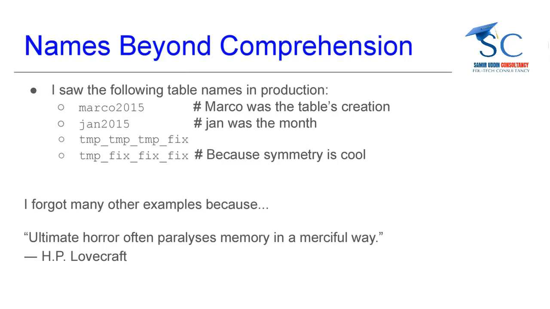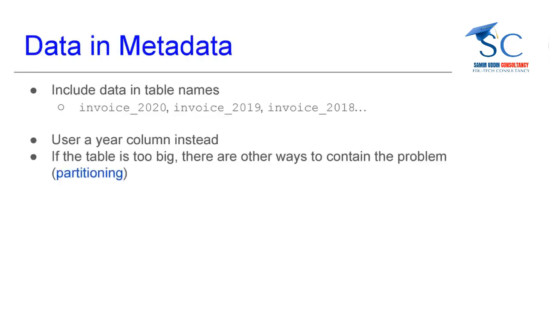There were probably more examples I saw even in other companies, but I forgot them because as Lovecraft wrote, ultimate horror often paralyzes memory in a merciful way. So you want to avoid this. You want your tables to actually describe the contents they're storing. Okay. Why?